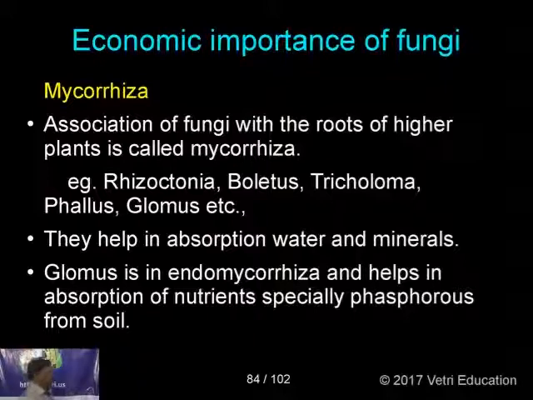Glomus is a very good example of an endomycorrhiza, that is, it produces its hyphae inside the host plant and helps in absorption of nutrients, especially phosphorus from the soil. So these mycorrhiza help the plant in absorption of water and also nutrients, especially phosphorus from the soil.